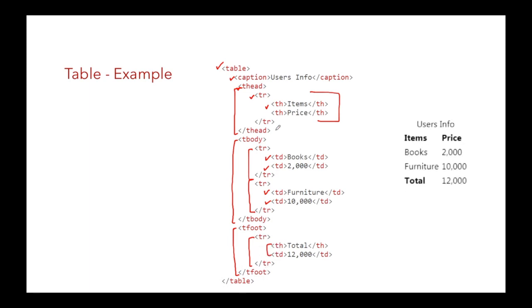So this is the output. By default when you use TH, it is displayed as bold. That is why this total is in bold, the reason being we have used TH here. Similarly, if you notice here, TH is used and the text is in bold.